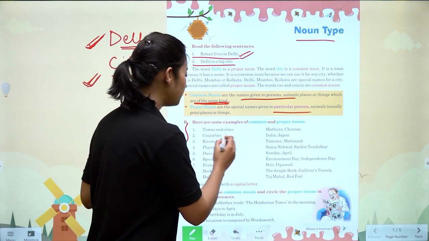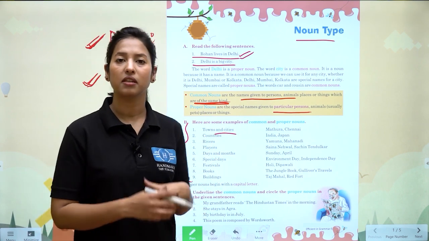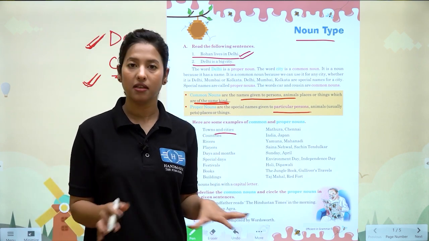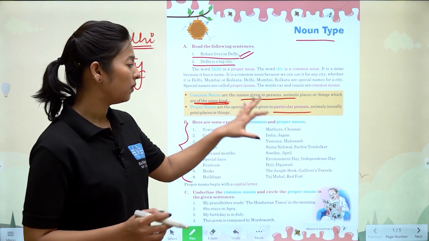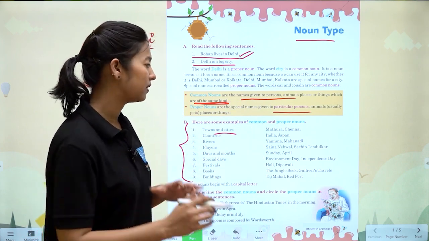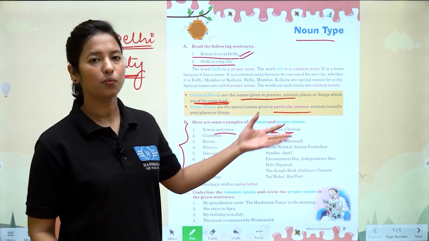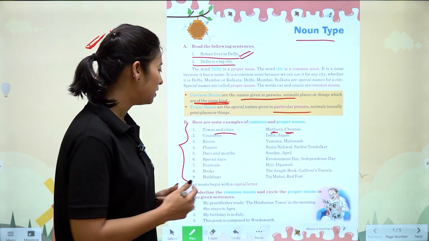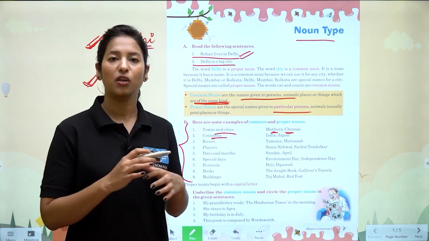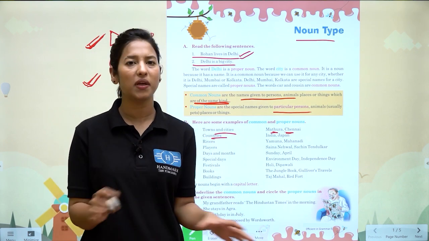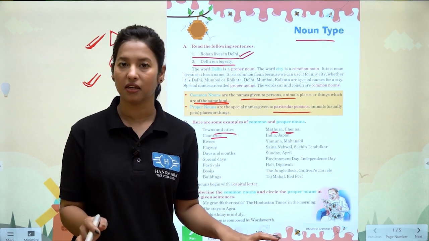Towns and cities is a class because it can be any town, it can be any city, but when we talk about some specific city like Mathura, Chennai, then we call it proper noun. Similarly, countries fall under common noun because there are so many countries and it can be any country.